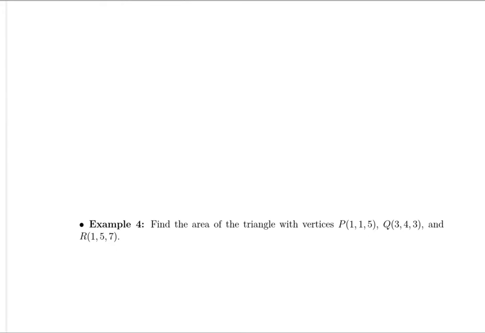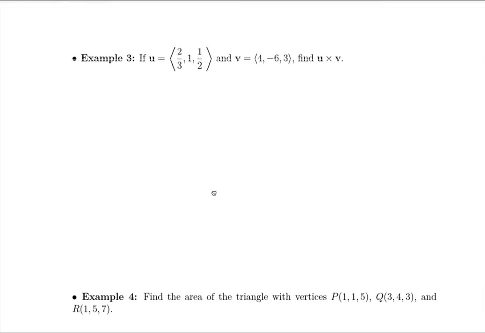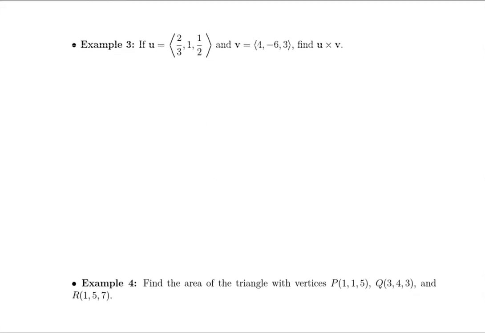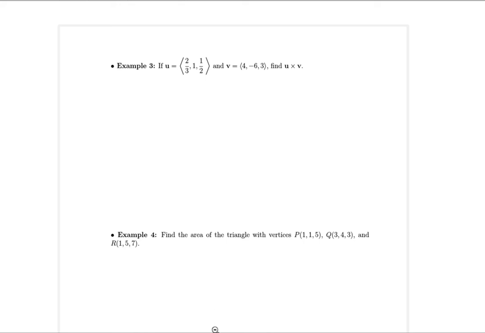So let's actually do an example here. Example 3. We're going to take u cross v. Following our instructions, I write i, j, k, i, j, k.